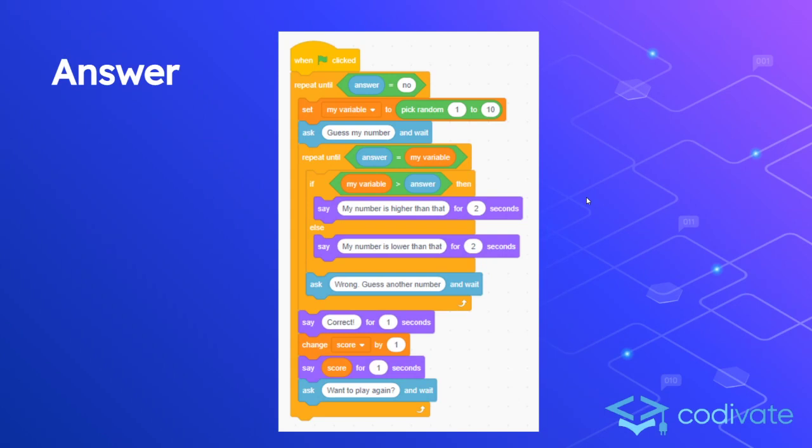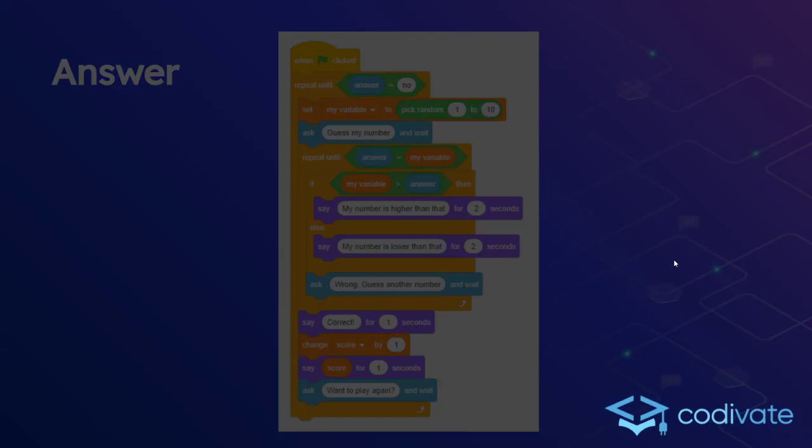Okay, so notice how it's almost exactly the same. The only difference is these two blocks right here. All we did was we added a score variable, and every time they say correct, you then add 1 to the score, and then you display what the score is. And that's it. Just some casual counting there. That's what we call counting the number of wins.